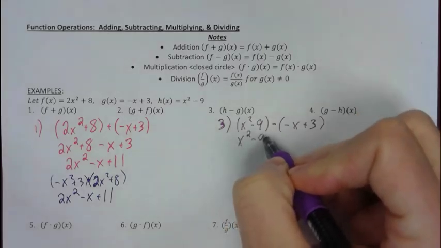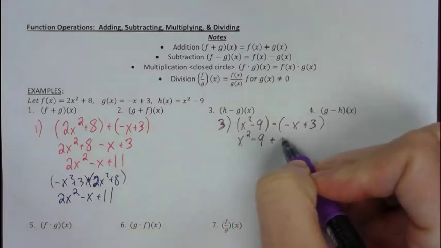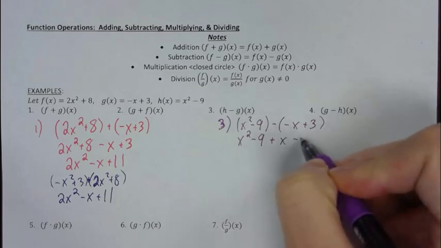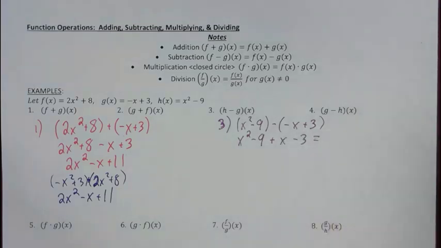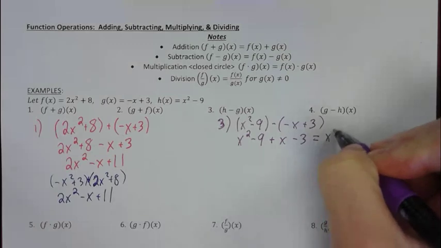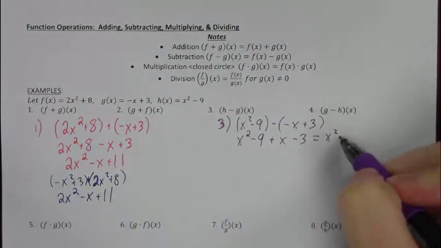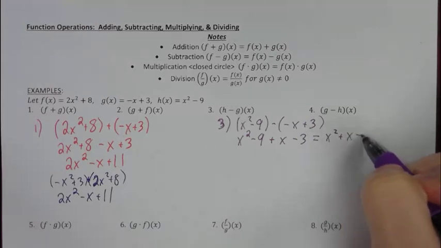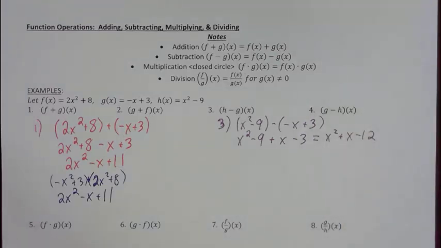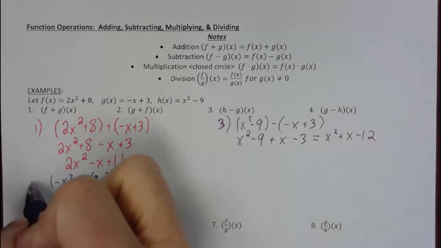So we'd end up with x squared minus 9 plus x minus 3, which would end up equaling x squared plus x, and then minus 12. And that would be our answer for number 3.